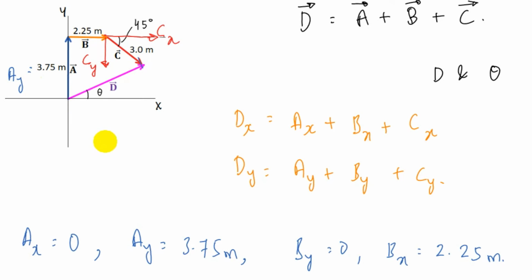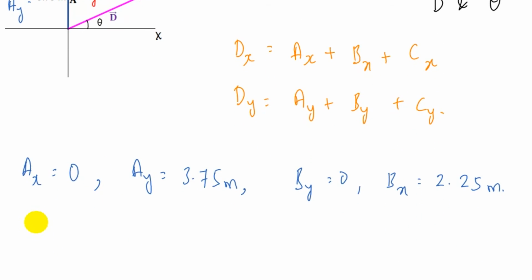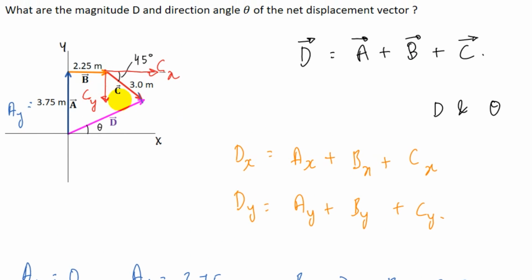Other way around, you can also use this formula, which is cx is equals to c cosine theta, and cy we have c sine theta. Now one thing you should take care of, that theta is the angle made by the vector from the positive x direction and in the anti-clockwise direction. So this angle theta, this theta we have to take, and this is we are given to be 45 degree.